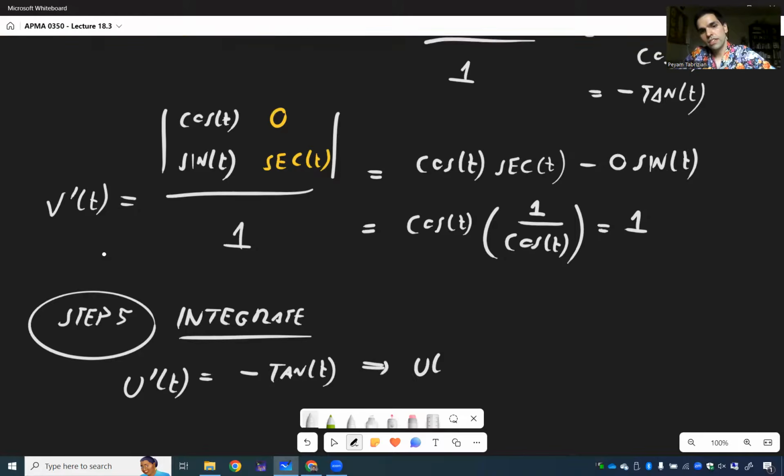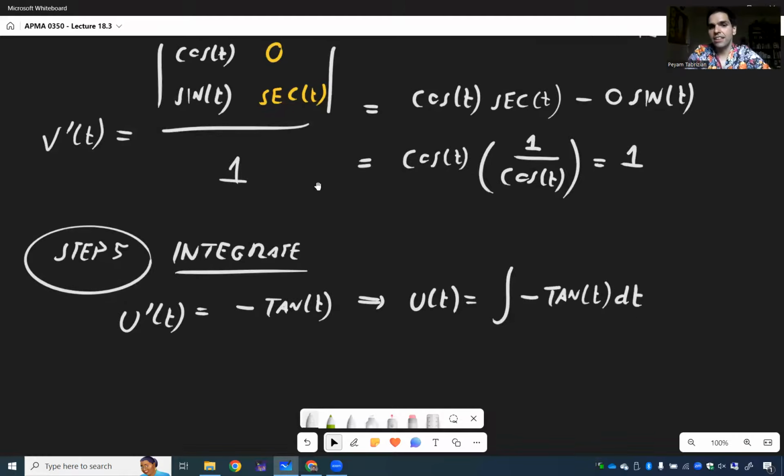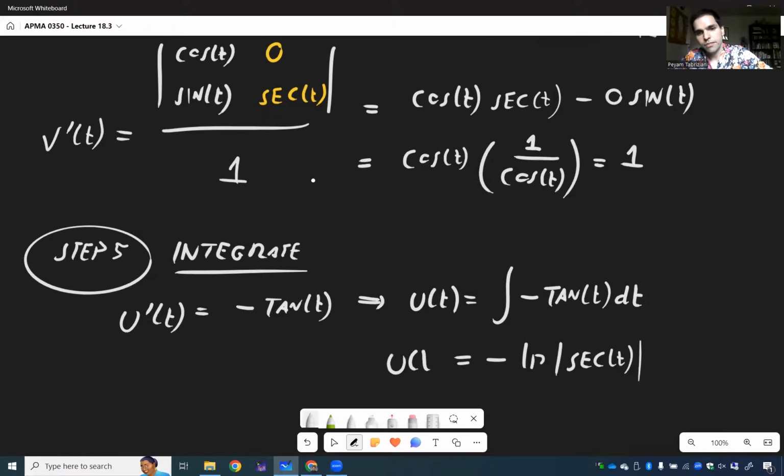So u of t is integral of minus tangent of t dt. And remember, integral of tangent is ln of secant. So in this case, minus ln of absolute value of secant of t. And that gives you u of t.